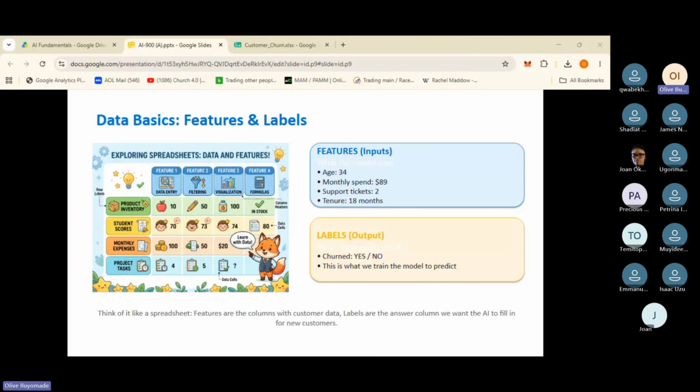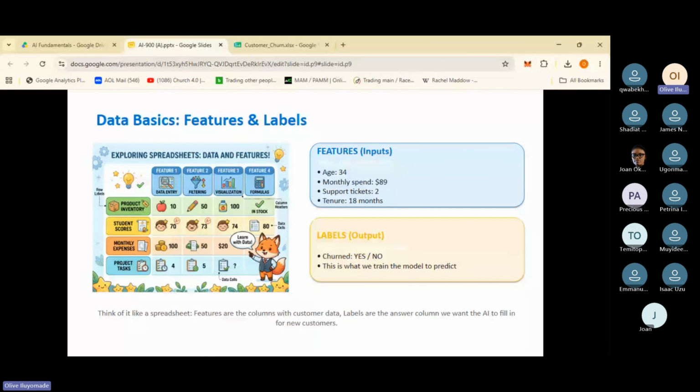Later you have some new data that you would test based on this information. Like a spreadsheet, which is what we're going to look at later, we will have columns with the features, the customer data, and based on that information, whether they are going to churn or not.